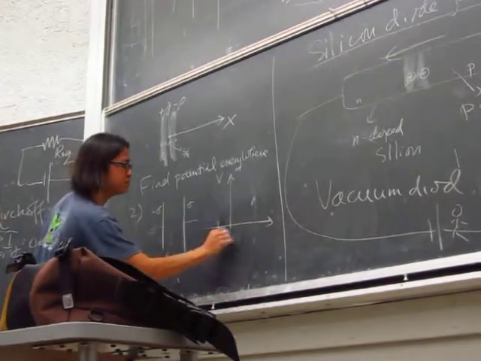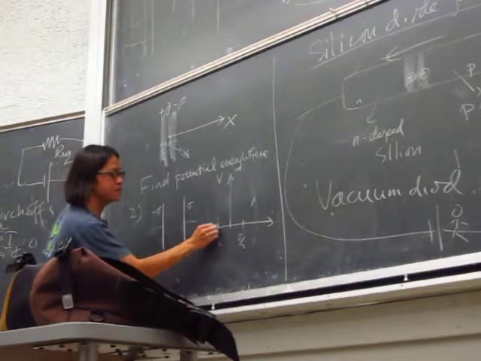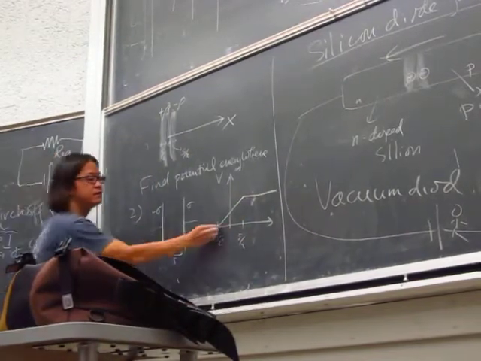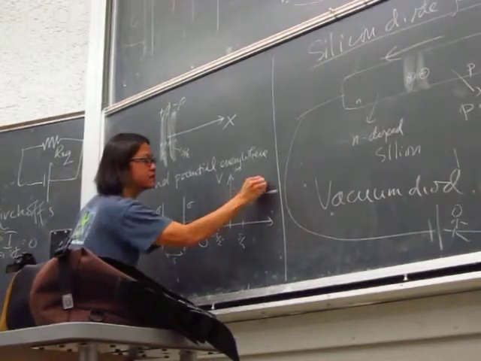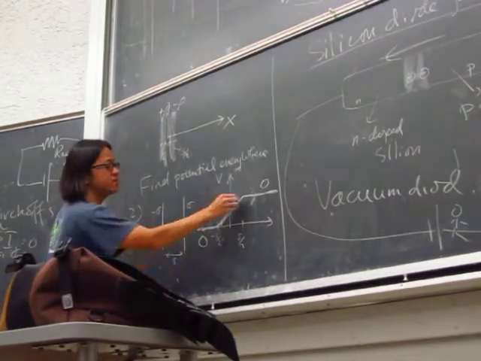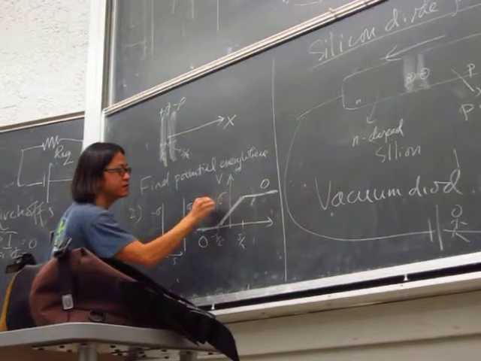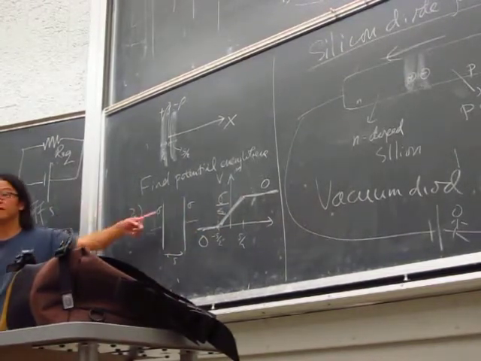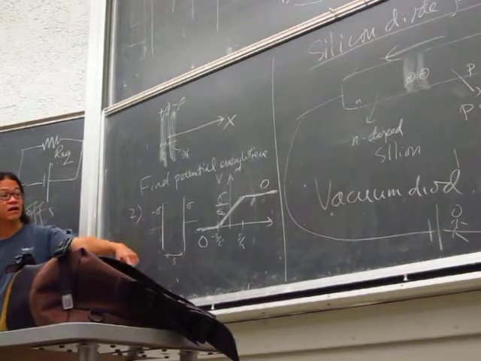It's minus s over 2, the potential goes like this, 0 here, and then constant here, and there is a slope, linear here, and sigma over epsilon naught is the slope, right? The slope is the electric field.